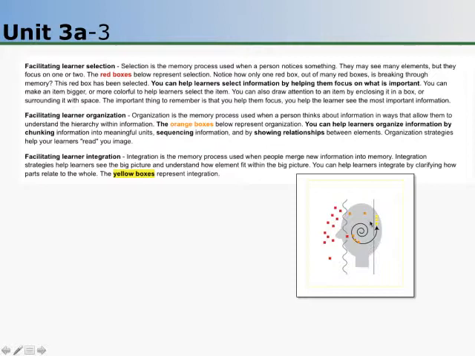Organization strategies help your learners read your image. We also facilitate learner integration by helping learners see the big picture and understanding how elements fit within the big picture. You can help learners integrate by clarifying how parts relate to the whole.